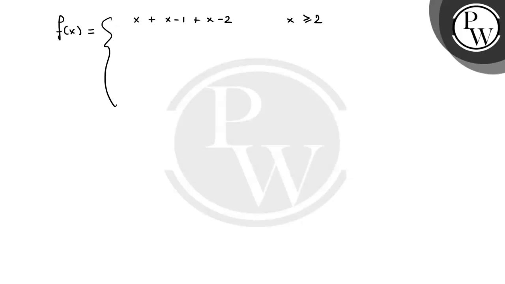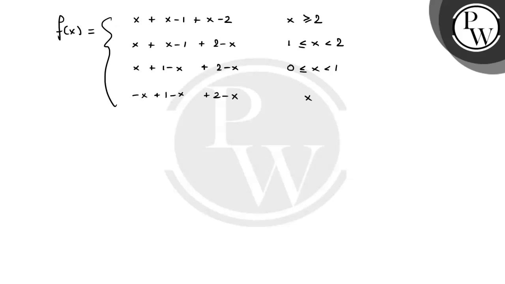Next we have x plus x minus 1 plus 2 minus x for values of x lying between 1 and 2. Next we have x plus 1 minus x plus 2 minus x for values of x lying between 0 and 1. And lastly we have minus x plus 1 minus x plus 2 minus x for values of x less than 0.